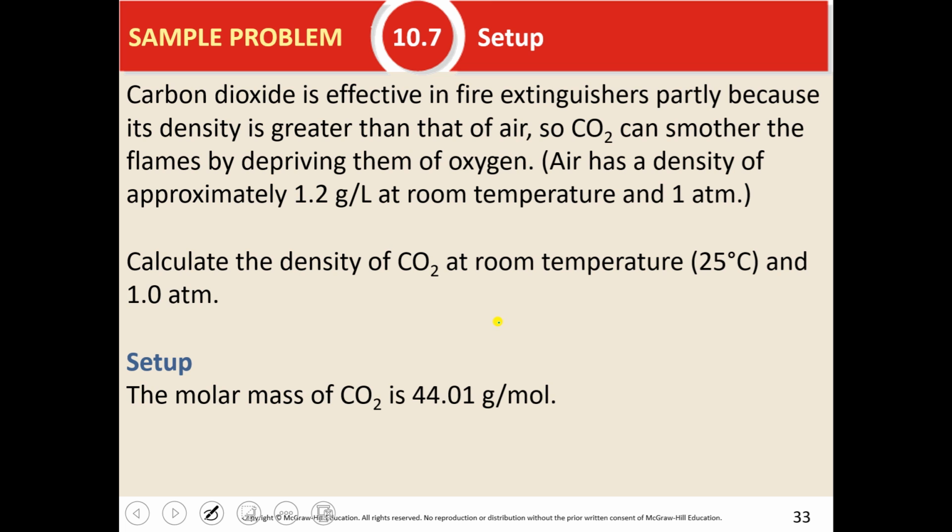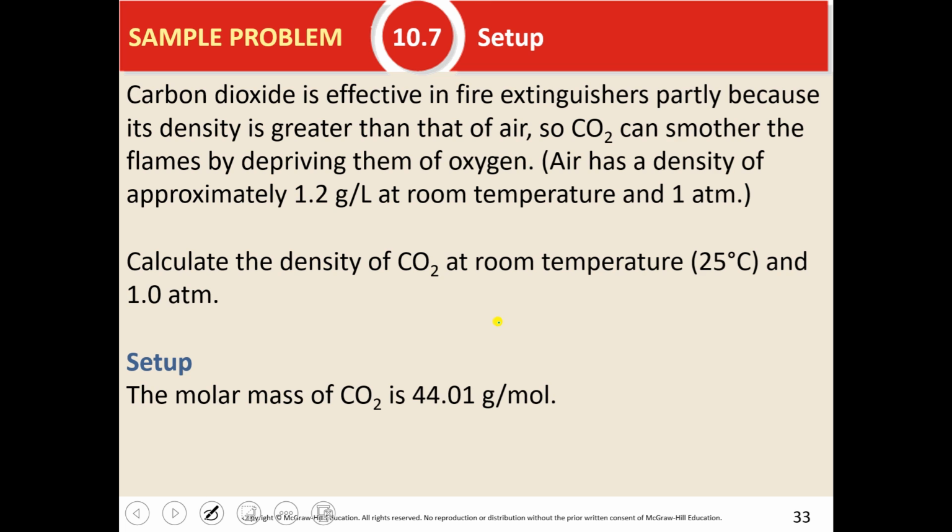So here's an example. It says carbon dioxide is effective in fire extinguishers partly because its density is greater than that of air. So carbon dioxide can smother the flames by depriving them of oxygen. Air has a density of approximately 1.2 grams per liter at room temperature and 1 atm. Calculate the density of carbon dioxide at room temperature and 1 atm.